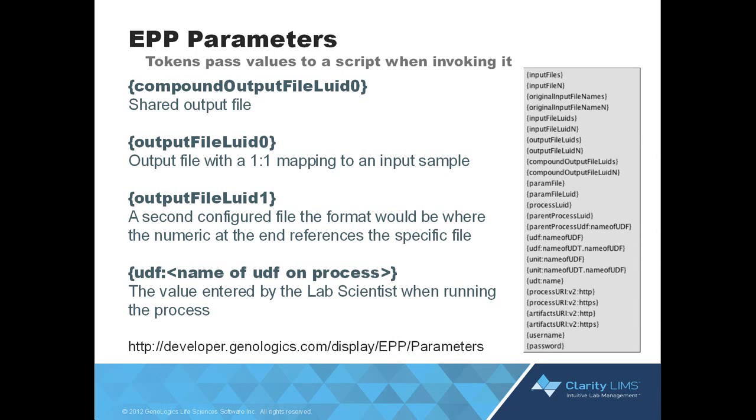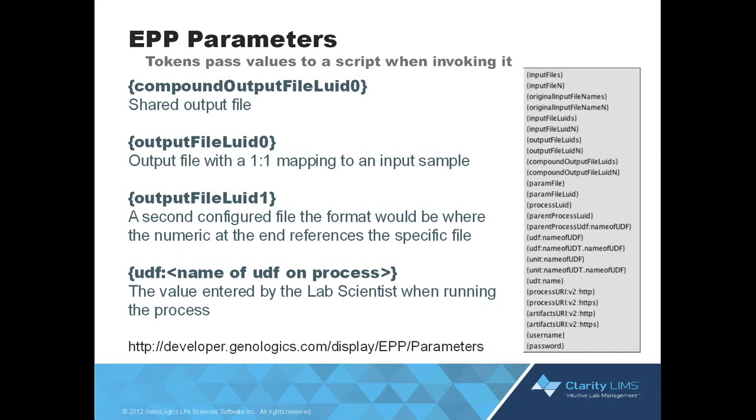They're tokens defined in your command line string which pass values to a script when it's actually invoked. And if you were to right click on that interface when you're creating these strings or command lines, you'll see there's quite a list of them here.